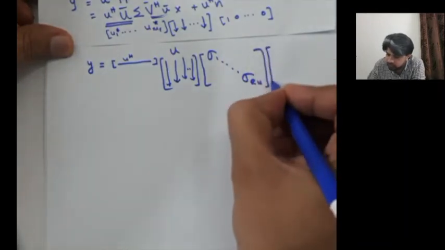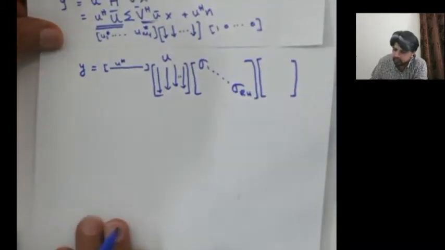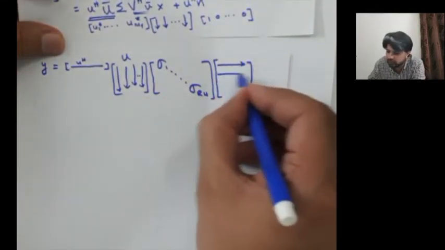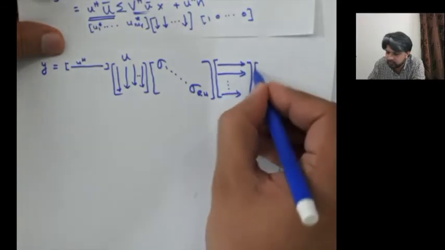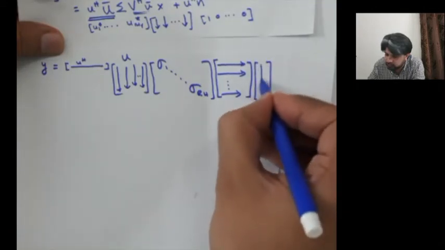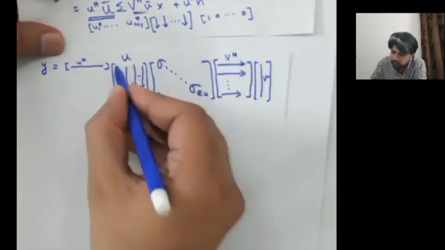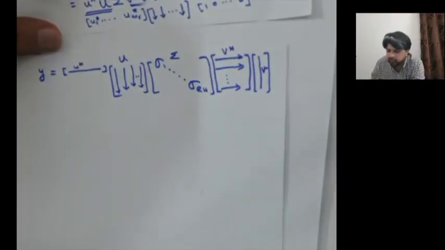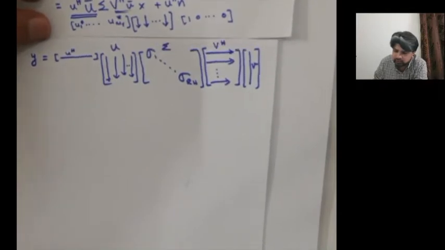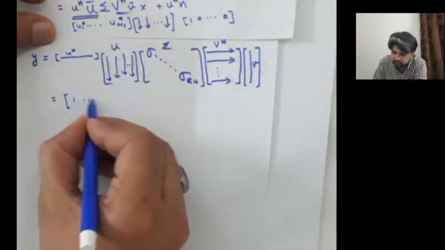And then you would have this V Hermitian matrix, where the first row contains the first eigenvector and so on. That gets multiplied with the V vector, the first column. This is V Hermitian, this is U, this is sigma, right? And plus the noise term, I have no space for the noise term, but that doesn't change, it will have the same distribution. That would give you 1 and all zeros.